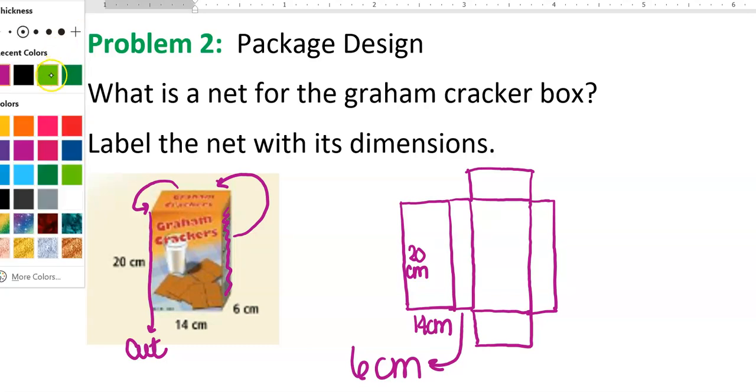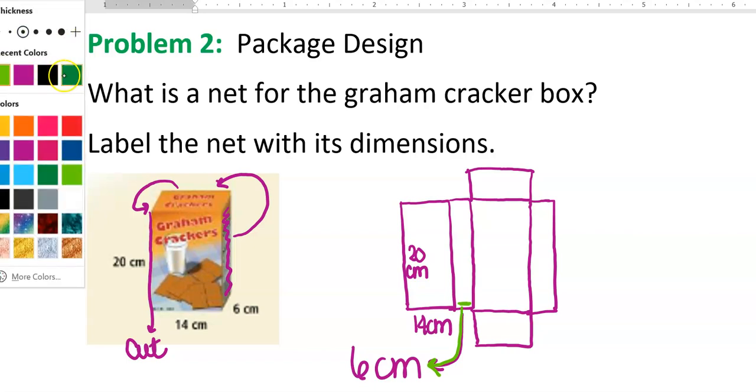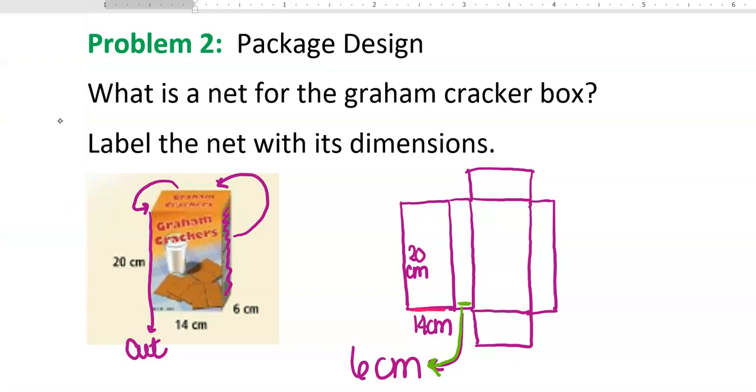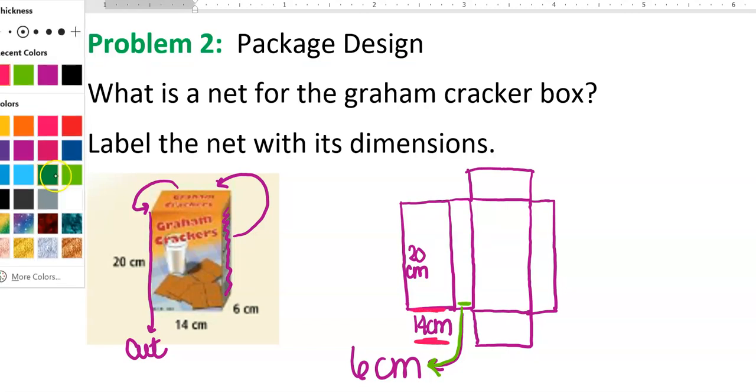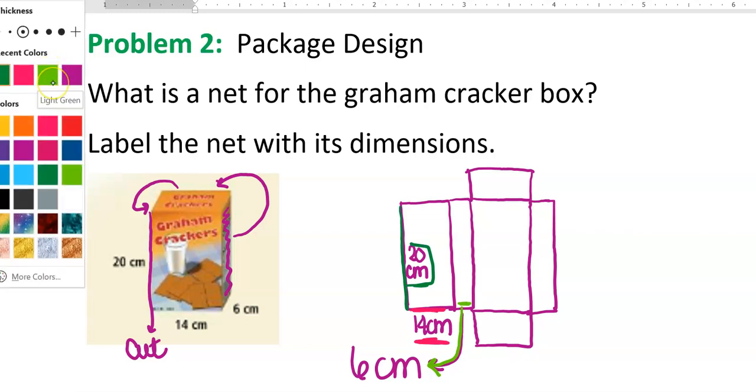So I'm going to go like this. That right there is 6. Right here is 14. And of course the other one, we'll go green, this one right here is 20. So at least you know at least one of the dimensions on each thing.